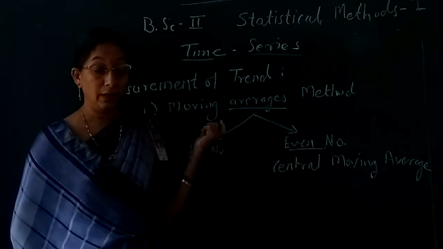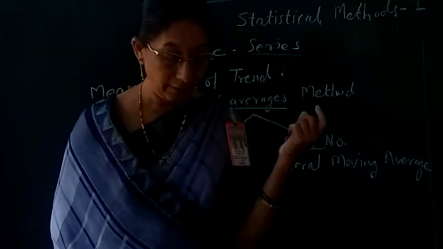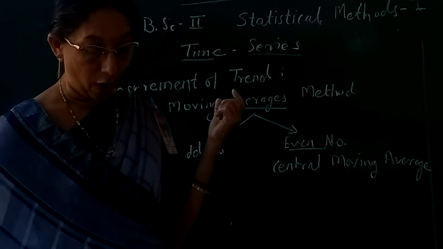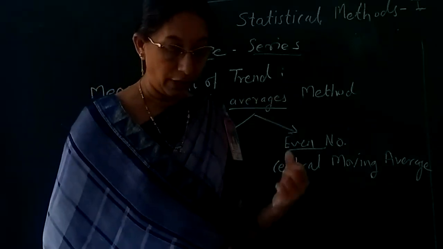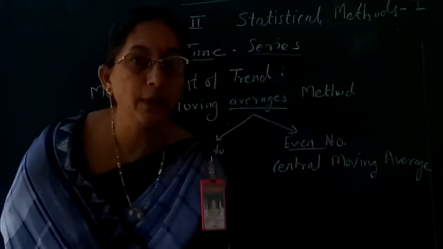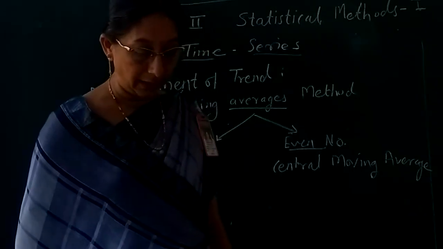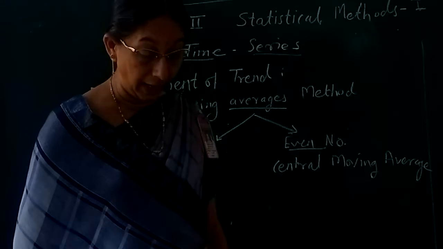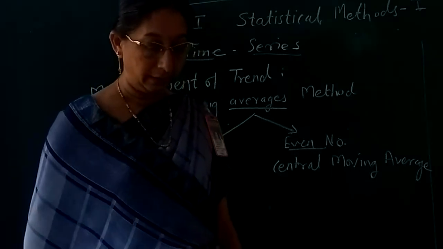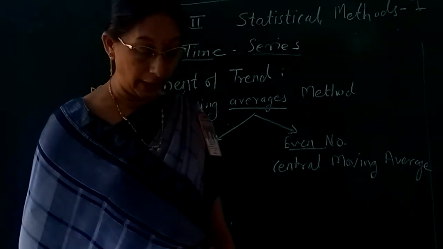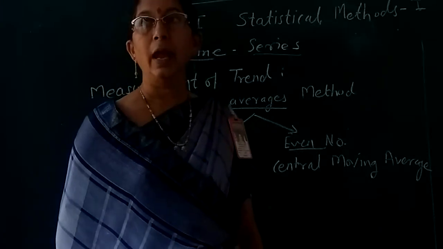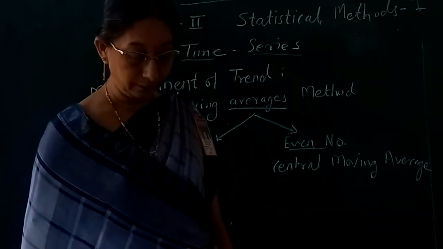Moving average method is a simple device of reducing fluctuations and obtaining trend values. In this method, there are periods like 3-yearly, 4-yearly, 5-yearly, and so on.